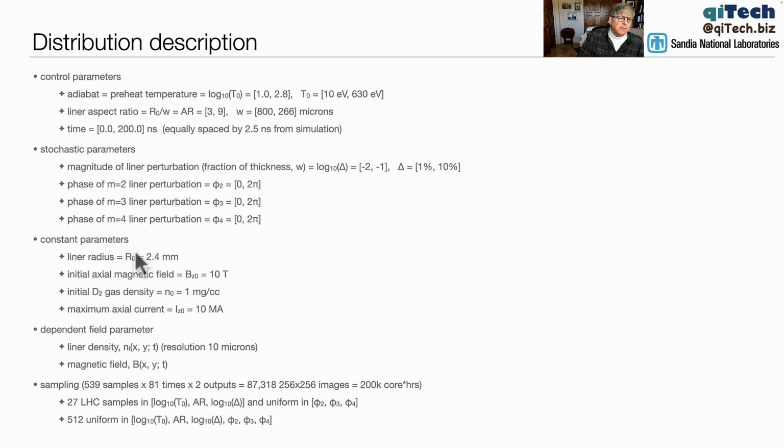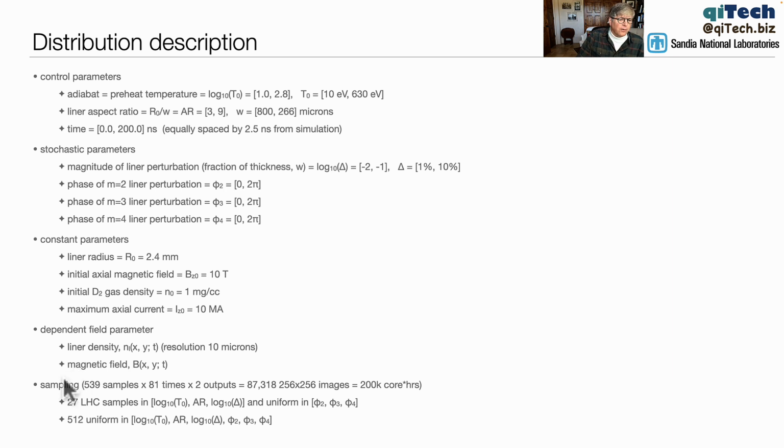The constant parameters are the liner radius, the initial axial magnetic field, the initial D2 gas density, and the maximum axial current at the values shown here, which are characteristic of the current MagLIF design point. The dependent field parameters that were sampled were the liner density at a resolution of 10 microns in terms of X and Y, and the previously indicated time resolution, as well as the magnetic field.